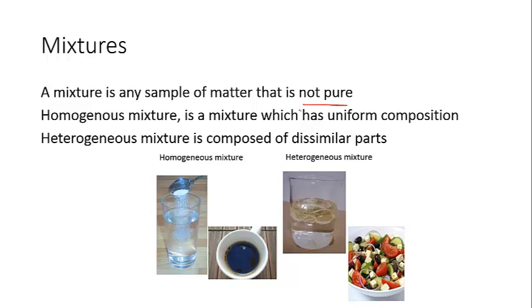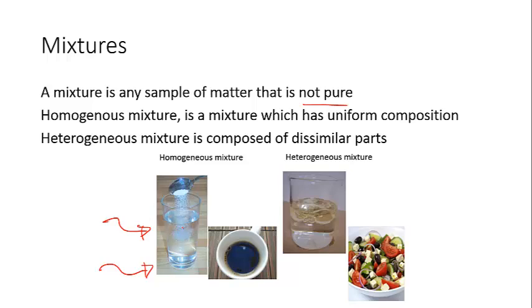Now, when we talk about mixtures, there are two types of mixtures. There are homogeneous mixtures, and a homogeneous mixture is a mixture which has uniform composition, and every part of the solution has the same properties. So for instance, in a sodium chloride solution, if you were to take a sample from the top of the solution and a sample from the bottom of the solution, you would get the same thing.